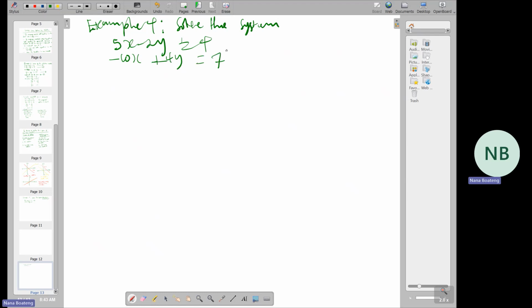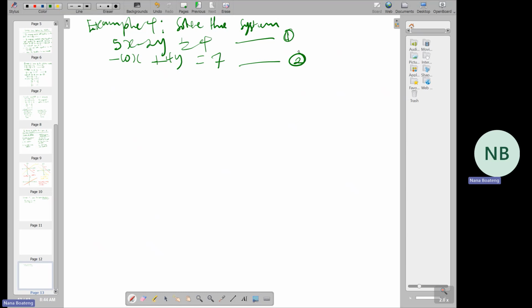All right, so when it's not specified that you use a particular method, then you can pick any method that you prefer to solve the equation. Here I'm going to pick the addition method, because I can see that the coefficient of x in the second equation is negative 10.